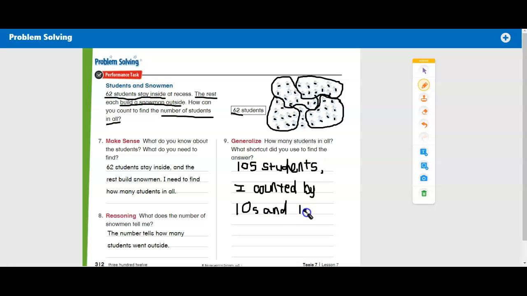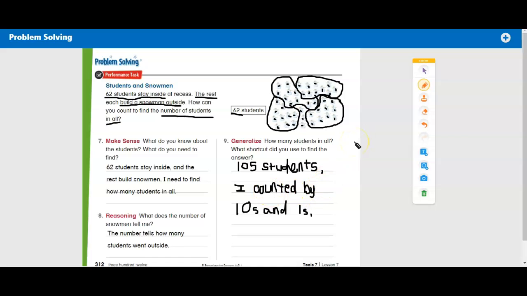Now, if you counted by a different strategy and still got the same answer, you will say 105 students, I counted by 2s, or I counted by 5s. Whichever strategy that you used to solve for number 9. And remember, you do not have to say exactly what I said. You can write your own answer.